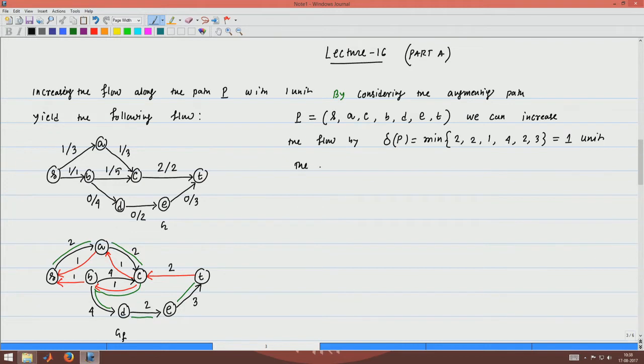So, the flow after augmenting one unit of flow is the following.